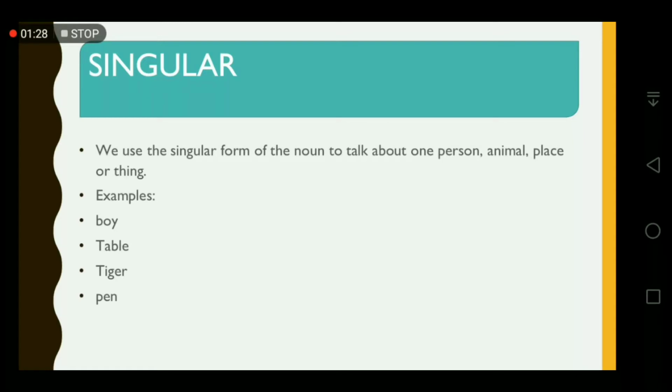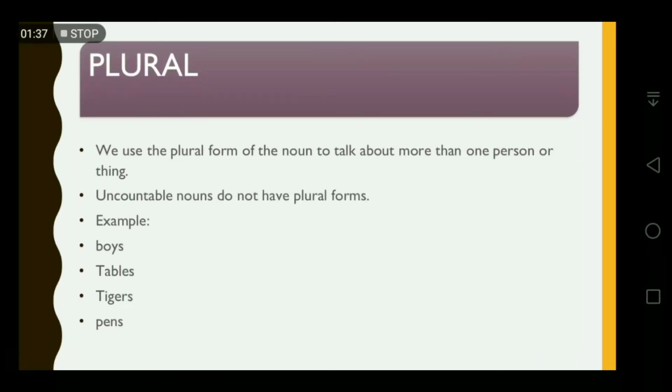These are examples of one thing, one animal, one person. Then plural: we use the plural form of the noun to talk about more than one person or more than one thing, like boys, tables, tigers, pens.